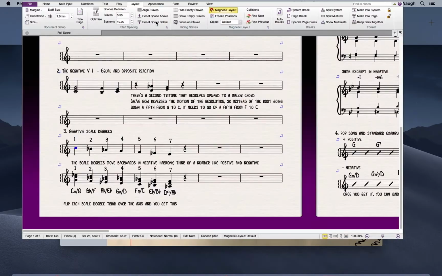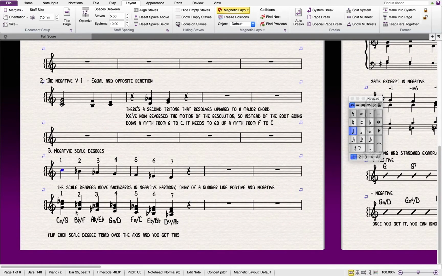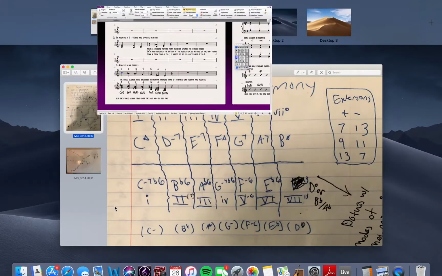So you would go -1, -5, -6, -4. So that sounds pretty interesting. Already, just from that much, we have a totally different perspective.